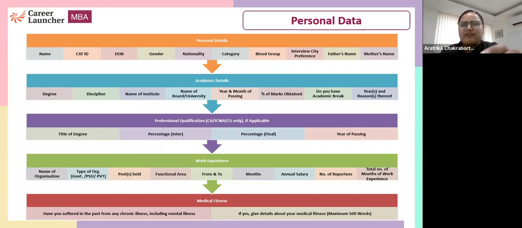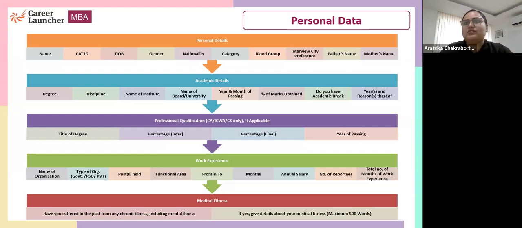In some of the forms, you will find a comment text box, so that you can put the conversion ratio and make them understand what base you have considered. I have elaborated it so much so that you understand that the percentage calculation may vary from one institute to another.